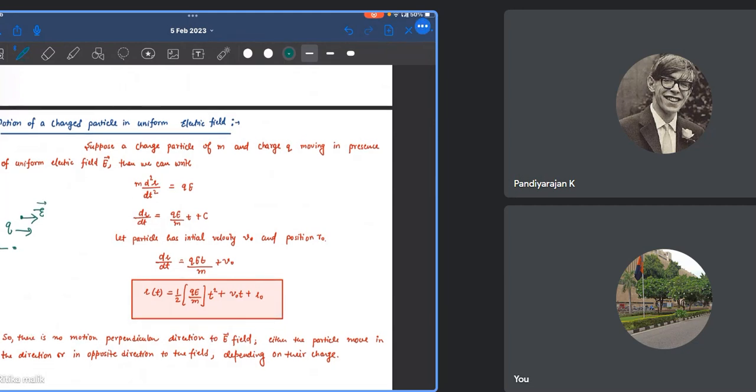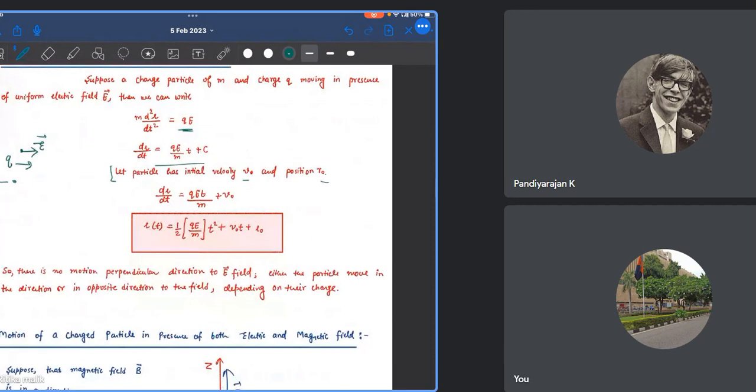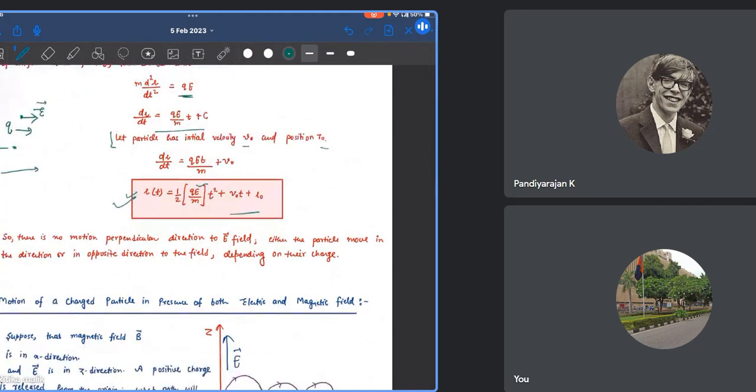We can simply write the force as ma equals QE, and to integrate this equation, apply the initial conditions that the initial velocity is v0 and the position is r0. We integrate it and it will tell you how your particle moves as a function of the electric field. There will be no motion perpendicular to the electric field as in the case of the magnetic field. The particle moves either in the direction of the field or opposite to it, depending on its charge.